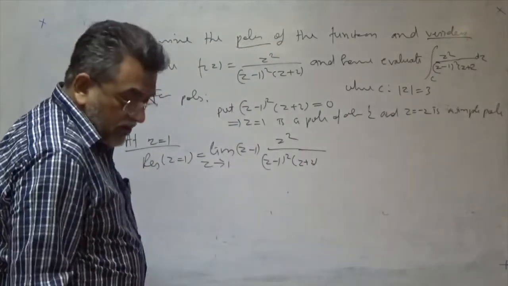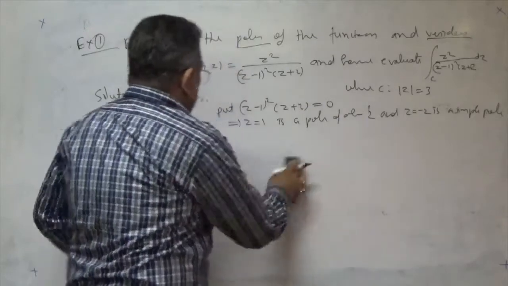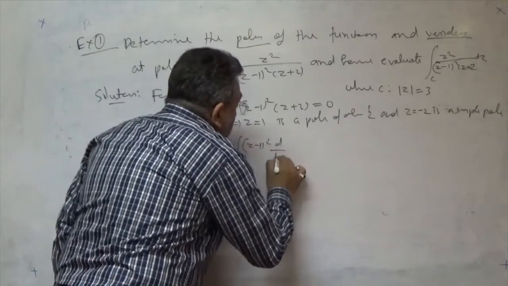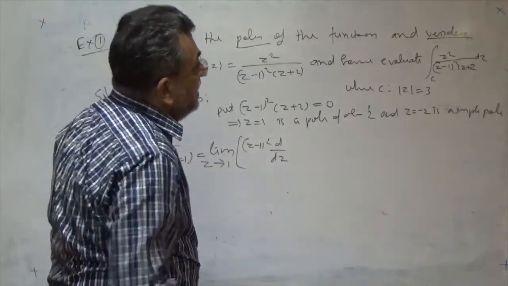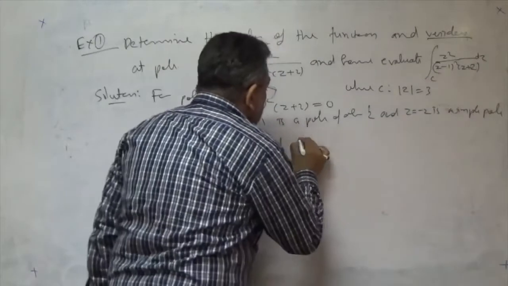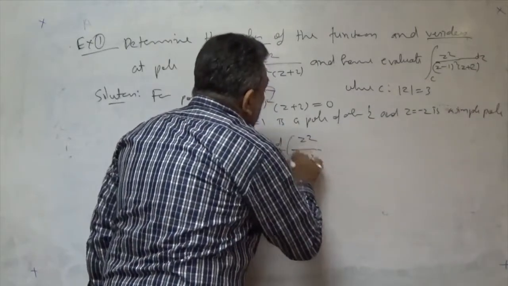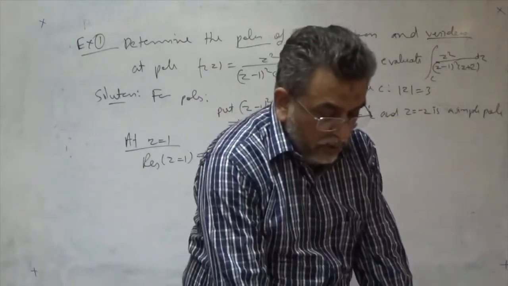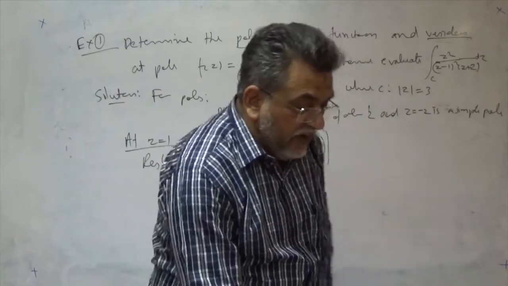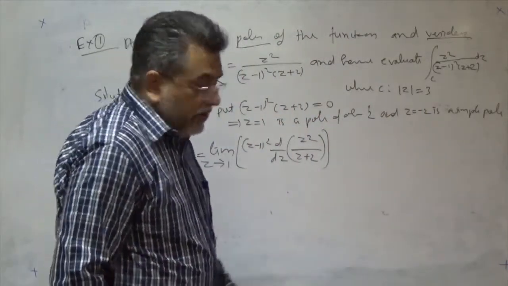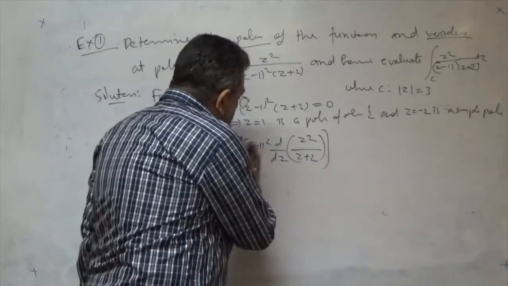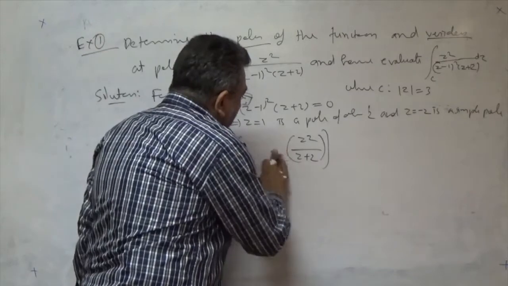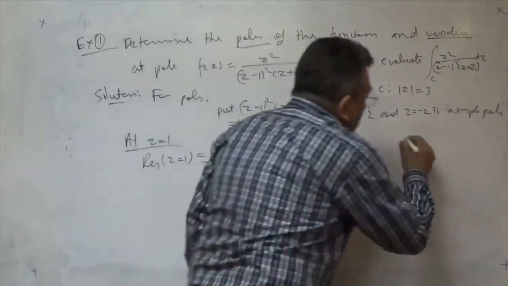This is a pole of order 2, so there will be the formula of the derivative, that is the first derivative of z square upon z plus 2, because it is a pole of order 2. You know the formula. What is the formula?